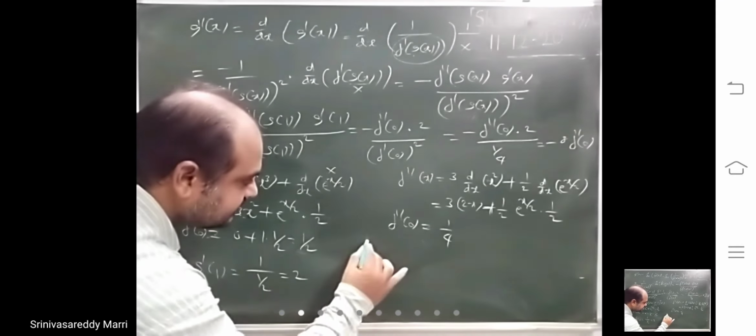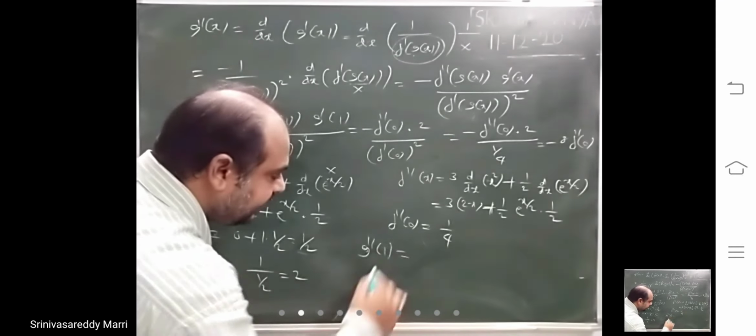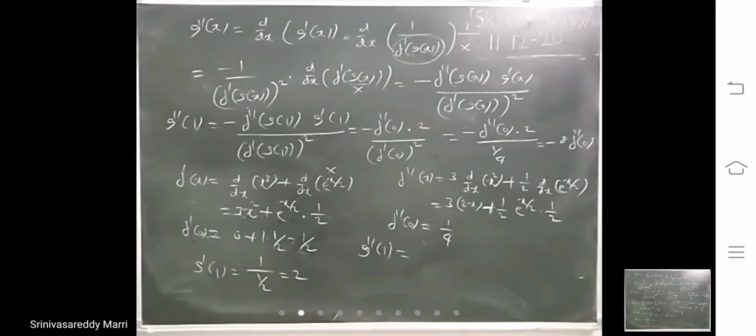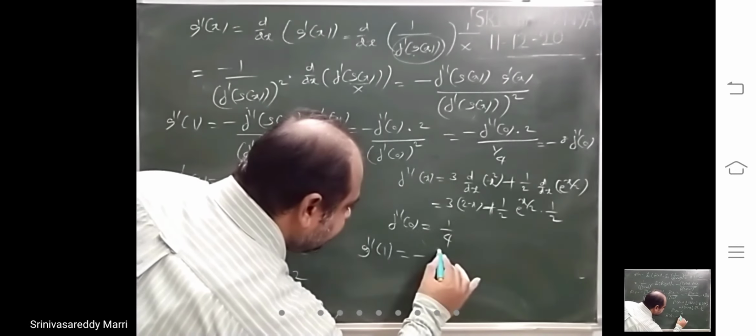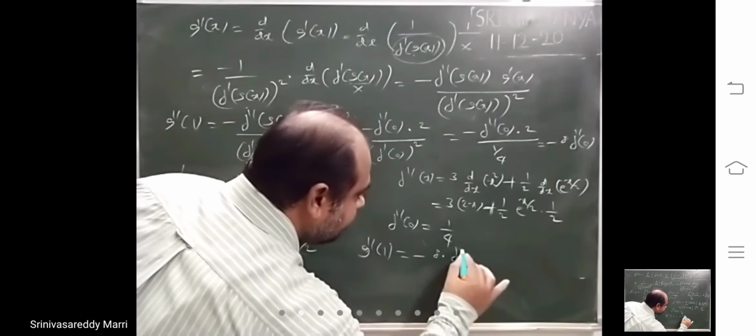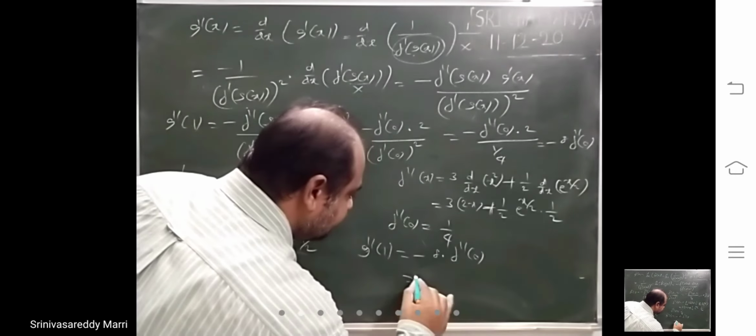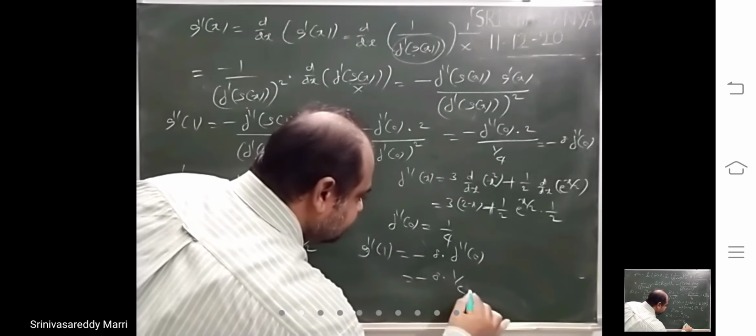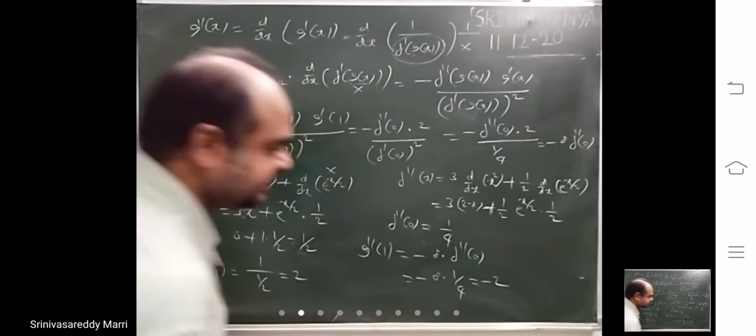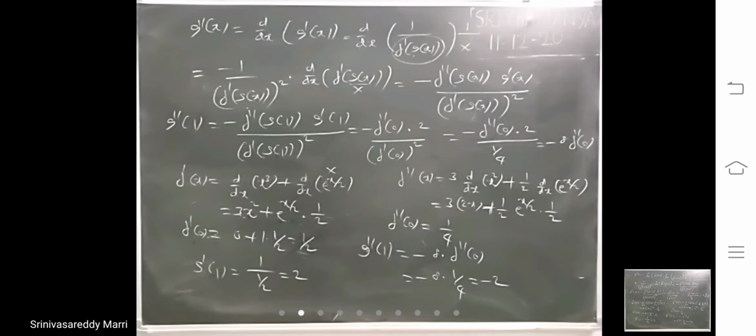That implies g double dash 1 is nothing but minus 8 into f double dash 0. So minus 8 into 1 by 4. The answer is what? Minus 2. Like that you have to proceed.